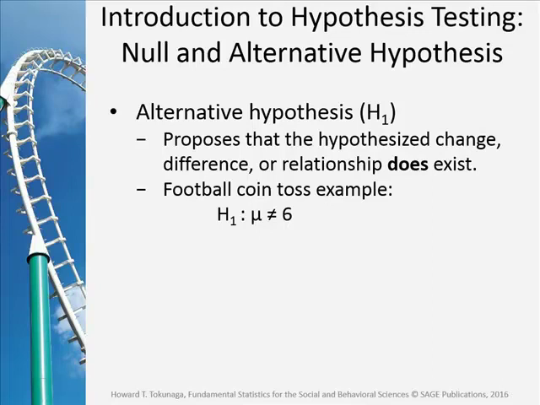You have at least 3 in this example. This is where you're actually testing that a relationship exists. So it's an alternative to no relationship. So in our example, our alternative hypothesis, H1, is when mu does not equal 6.